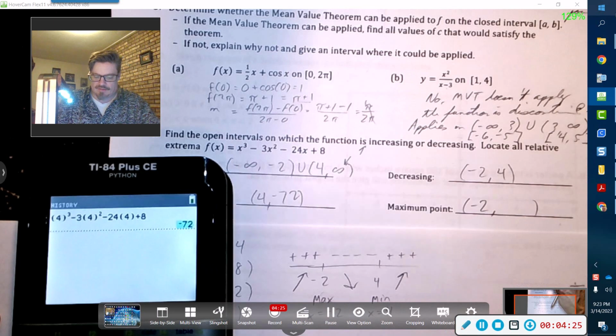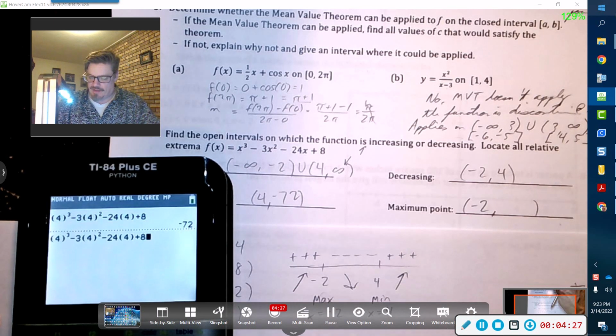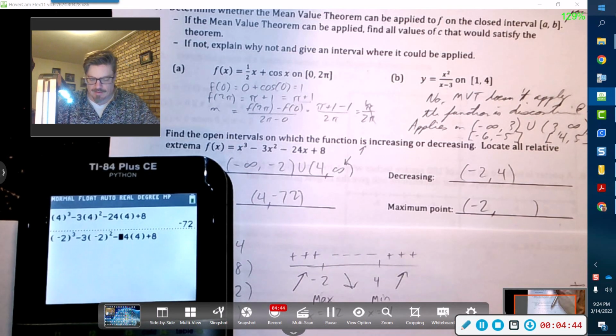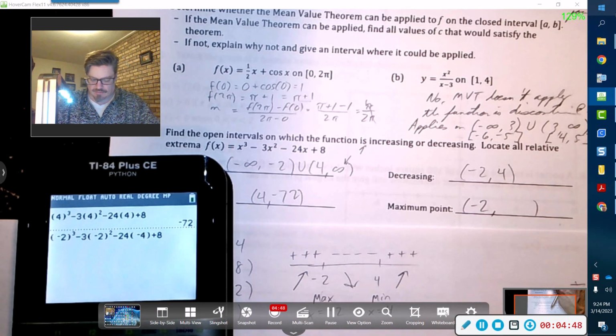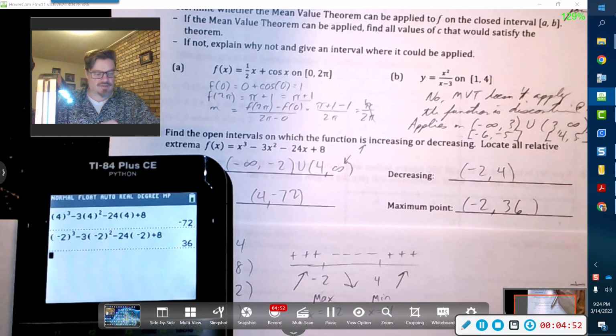Now we'll copy that and put in a negative 2. We'll make sure we do an insert, negative, and then not an insert, 2. And we get 36. All right, there's number 4.